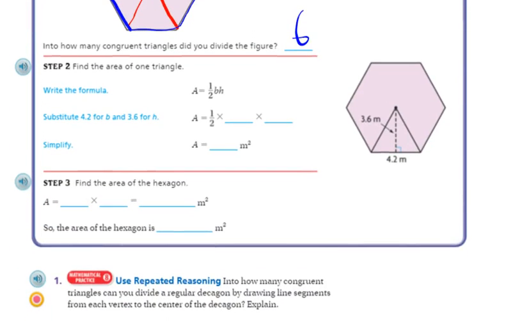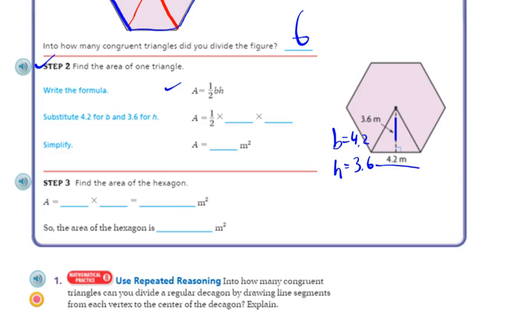Scrolling down, find the area of one triangle. Here we are. So I notice that I have a base here and I have a height here. So I do have a B equals 4.2 and an H equals 3.6. I'm going to use those values in my formula. Formula's been written: A equals 1/2 BH. We are now going to substitute our values in here.